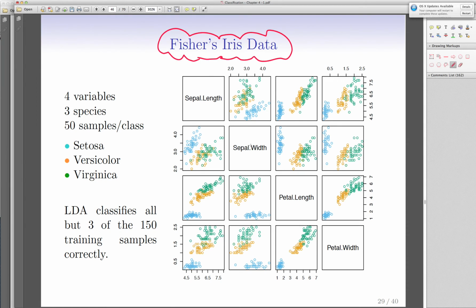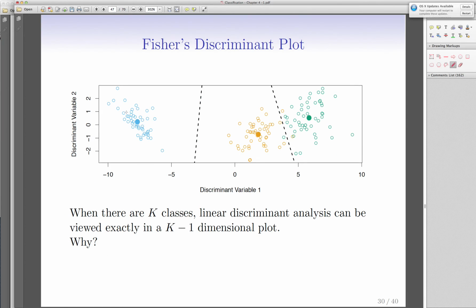They have 4 different characteristics: sepal length, sepal width, petal length, and petal width. And as you can see, these categories are very nicely separable. So he used LDA and showed that he can easily separate the 3 categories.